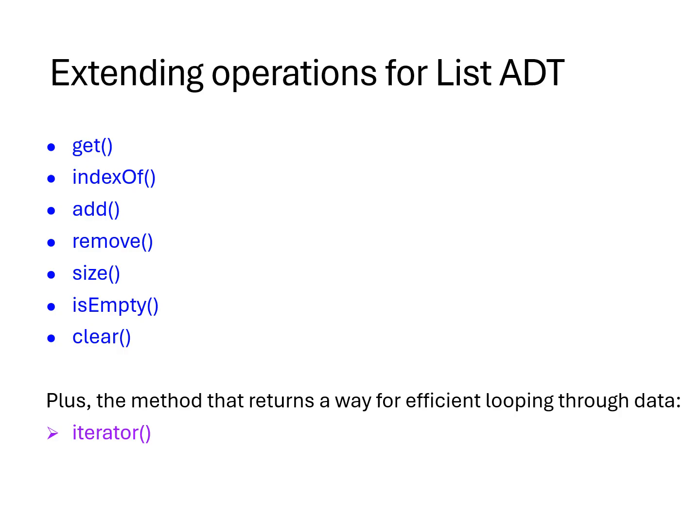So we will extend the operations common to all lists with one more new operation, which we will call iterator, which will return this new ADT called iterator, which we will later use for an efficient traversal of the list, no matter how it is implemented.